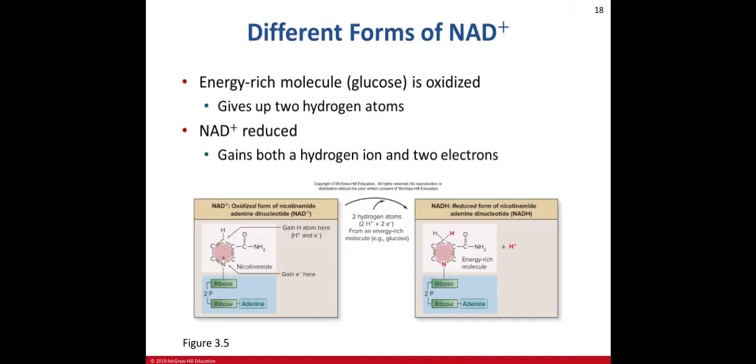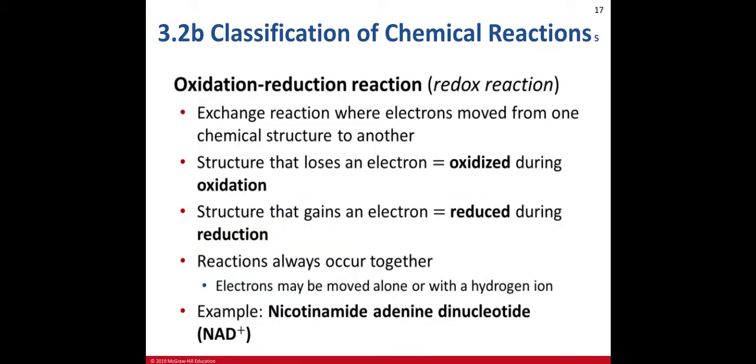So here is that sort of reaction blown up for you from a picture from your text. You've got a molecule like glucose, and glucose is going to be oxidized. And again, oxidized is going to be gaining, reducing is the losing. Or I'm sorry, over here, oxidized is going to lose, reduction is gain.